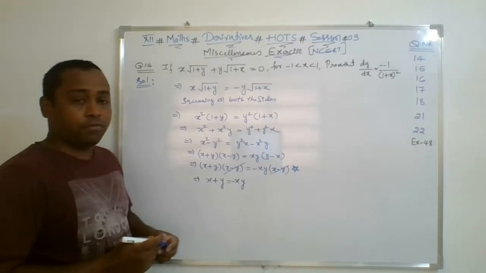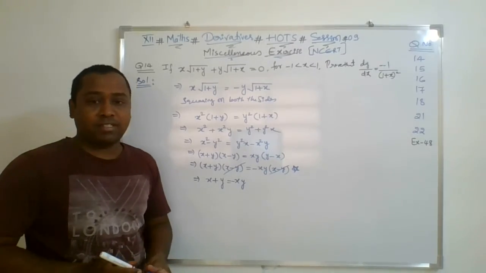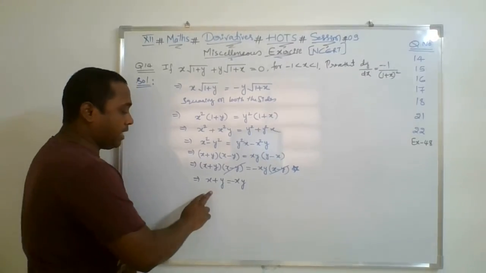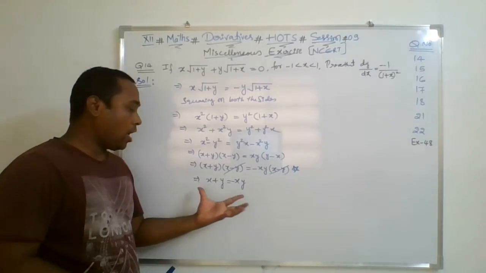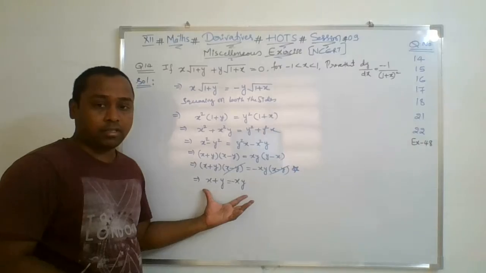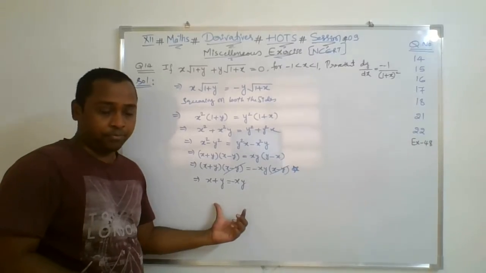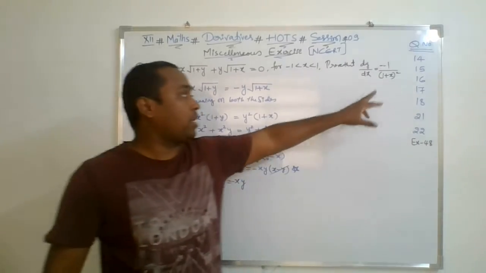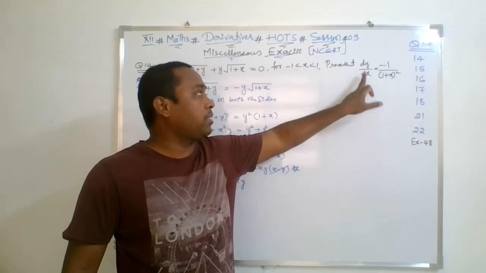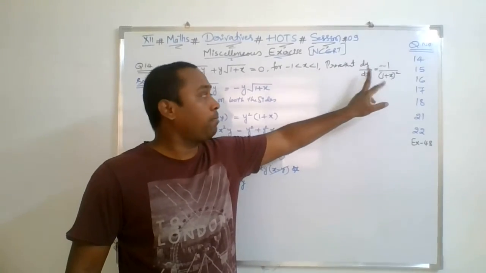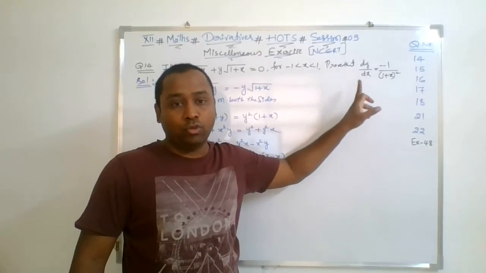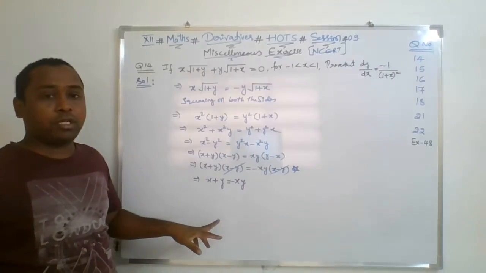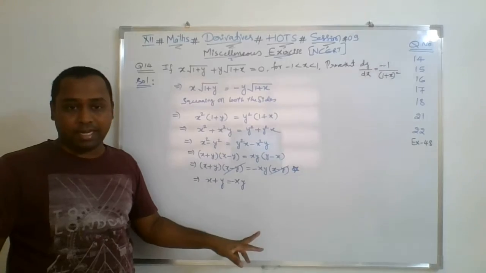Now, if you observe, it becomes an explicit function. You may write x in terms of y, or you may directly take the derivative on both sides. But here we require the derivative of the function purely in terms of x. That is why we first need to express the given function as y in terms of x.